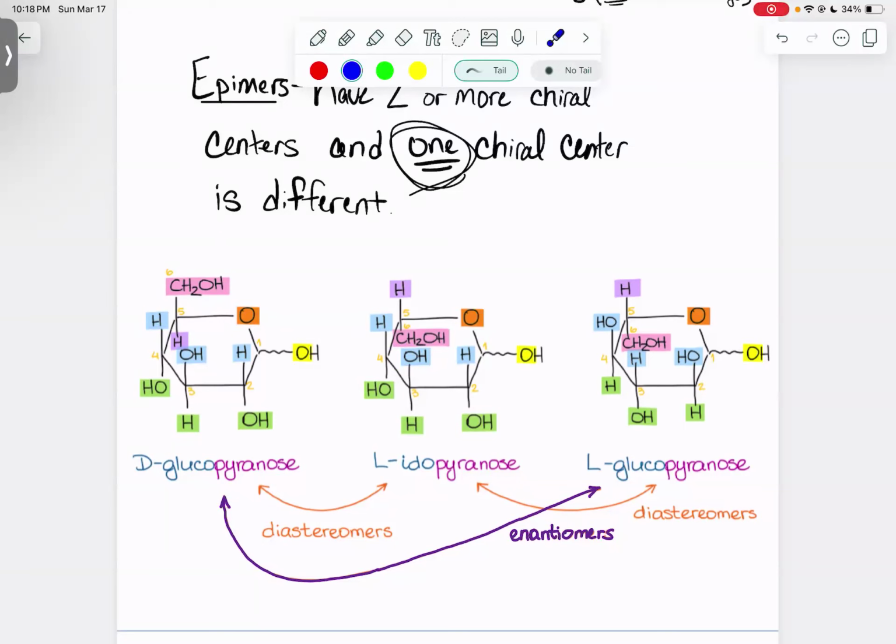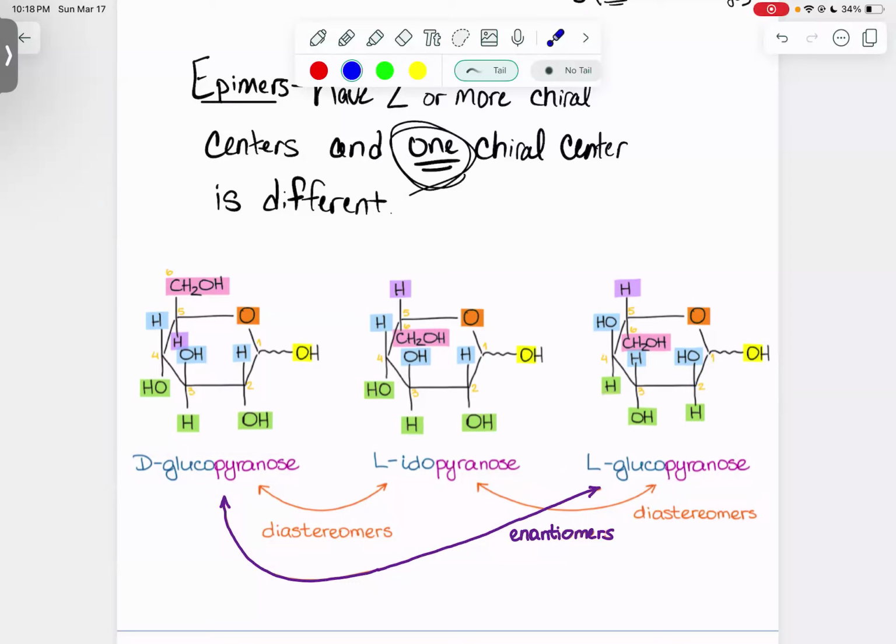So then if I look at, let's say, D-glucopyranose versus L-glucopyranose, all I have to do is look, okay, here's 2, right? And I have hydroxyl up, oh, hydroxyl down. So that's swapped. 3, I have hydrogen up, oh, hydrogen down, that's swapped. Hydrogen down, hydroxyl down, that's swapped.